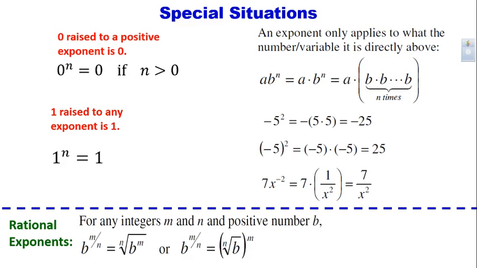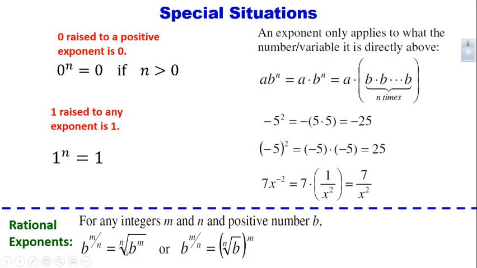When you have a rational exponent, the numerator of the exponent is the power, and the denominator is the root that you're taking. So b to the m over n means you're taking the nth root of some number b and then raising that to the power m, or you're raising b to the power m and then taking the nth root of that. Either one is the same.